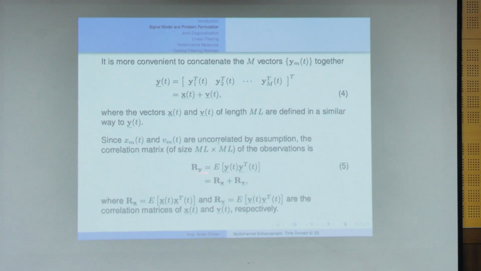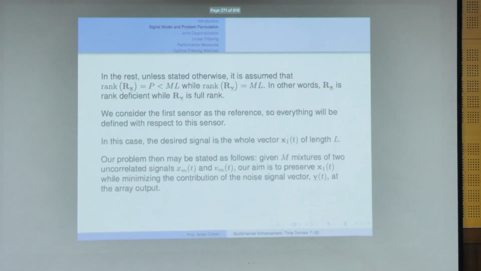Here we use the correlation matrix of the vector Y, which is a large matrix of ML by ML. We assume that we know individually the correlation matrix of the desired signal and the correlation matrix of the noise. We assume that the rank of Rv is ML, so it's a full rank matrix, and the rank of Rx is smaller, P, which is smaller than ML.